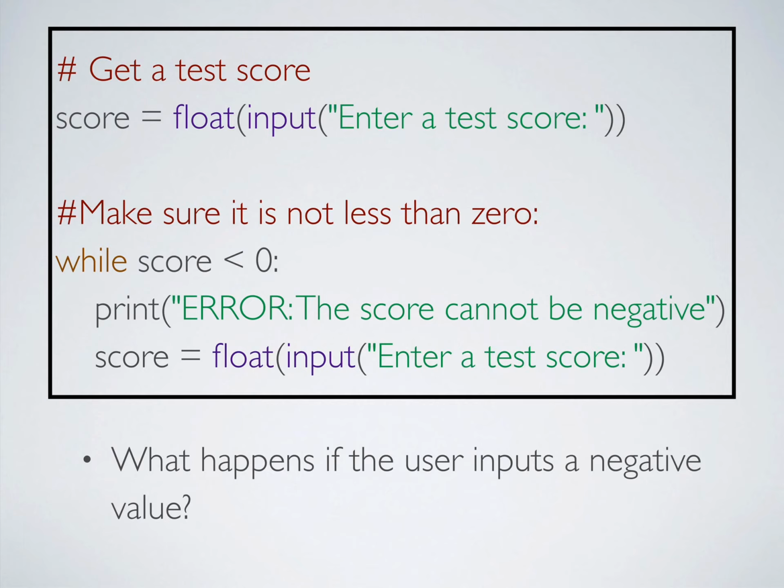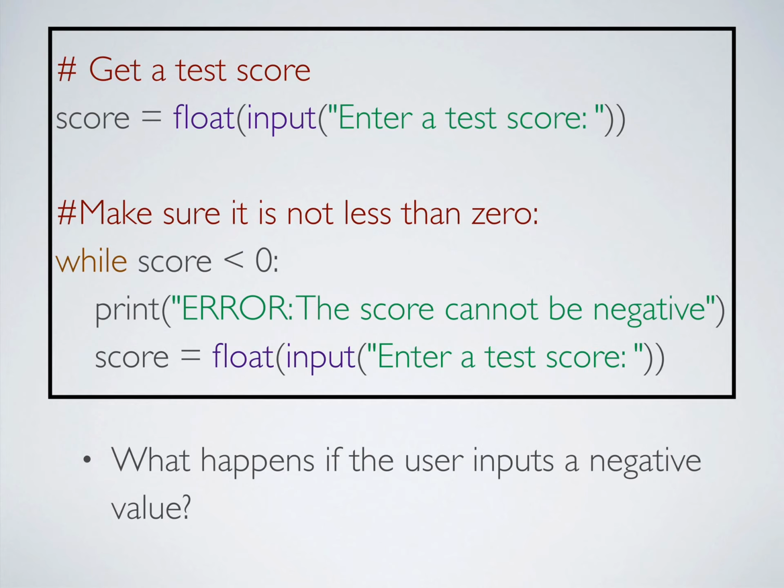And then again, inside the while loop, you ask the user again for the same input. And the idea is this while loop will keep asking for that input until the score is not less than 0. So again, you're checking while it's wrong, keep asking for input again. And then when it's correct, it will stop running this loop.